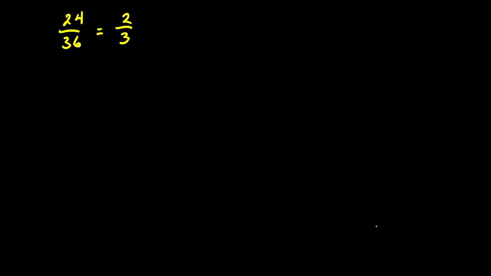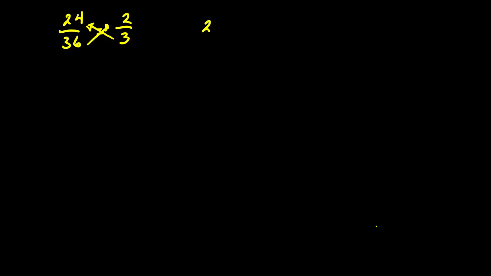And the final step for getting the least common multiple was to cross multiply. And if we did everything right, whenever we cross multiply, we should get the same result both times.